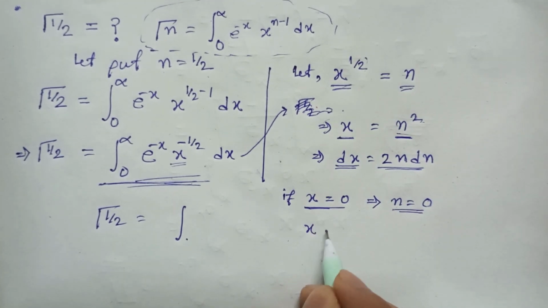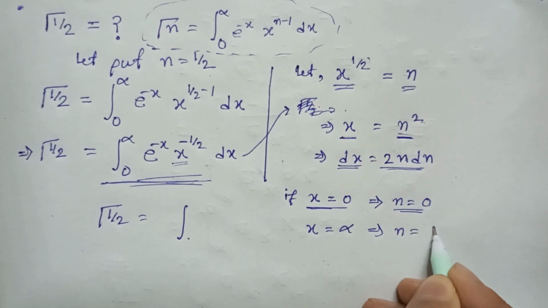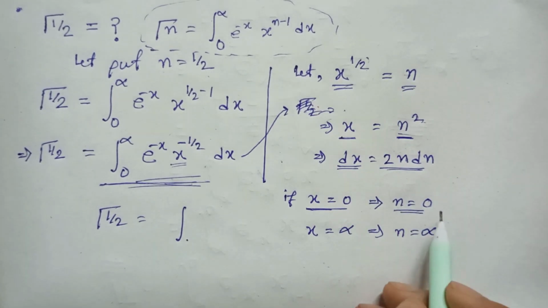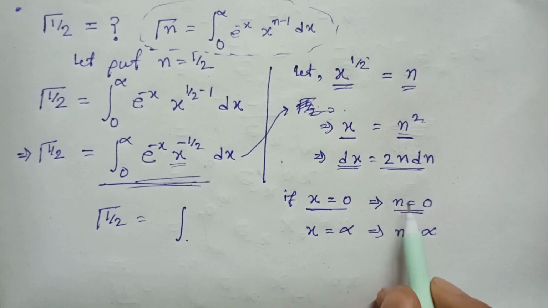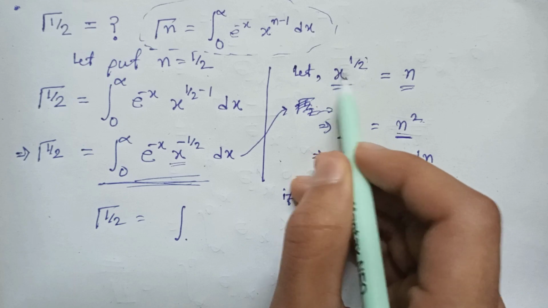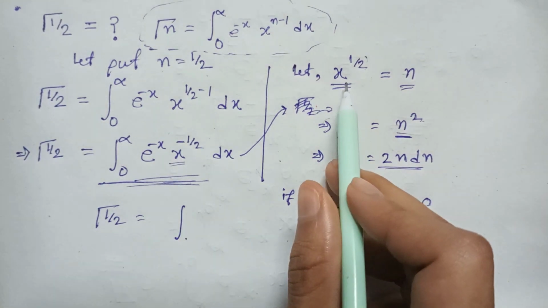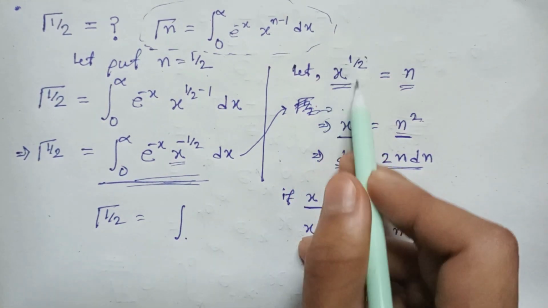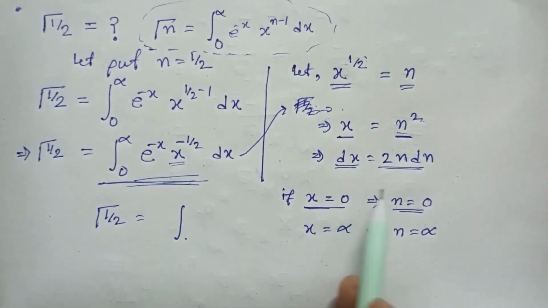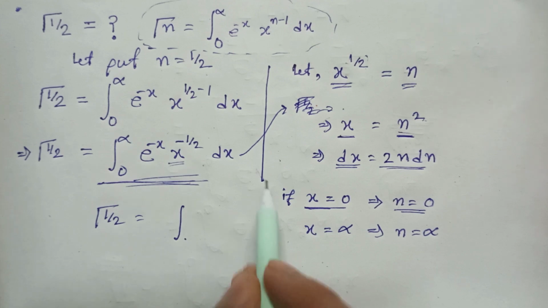And if x equals infinity, then n is also equal to infinity. If you put x equals 0 here, you will simply get n equals 0, and if you put x equals infinity, you will simply get n equals infinity also. And now it's time to replace all the values.